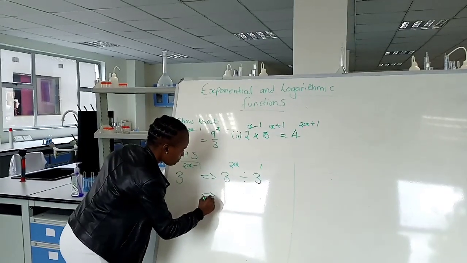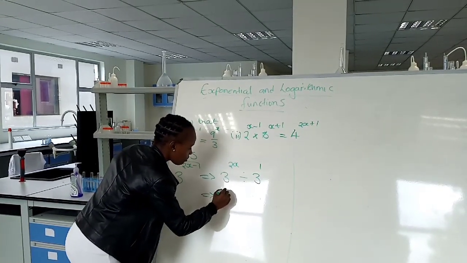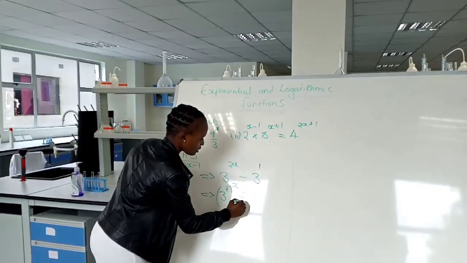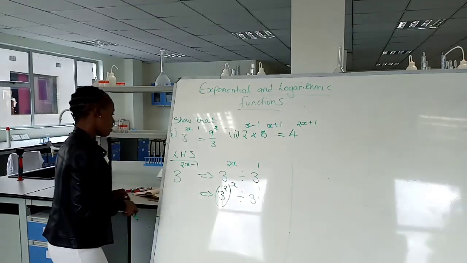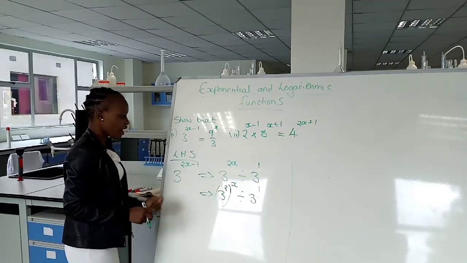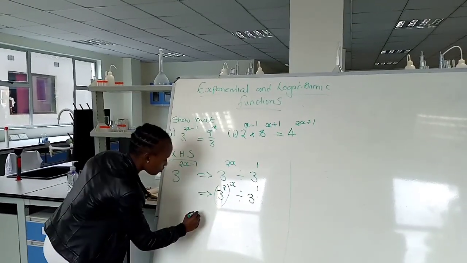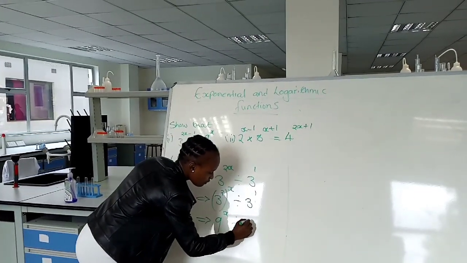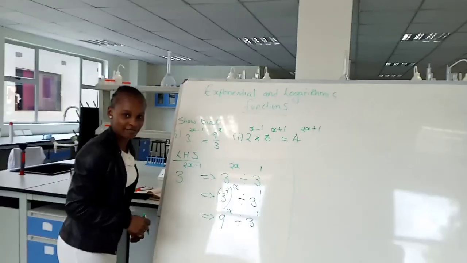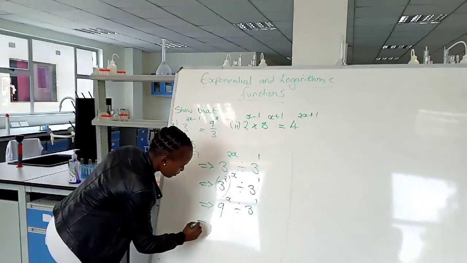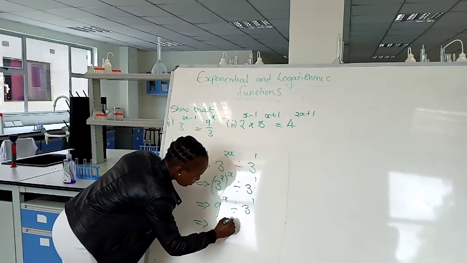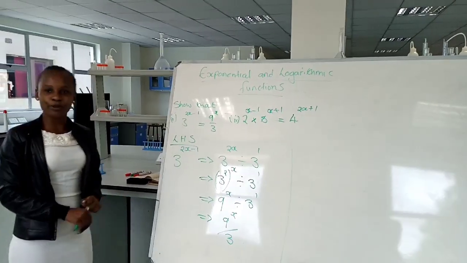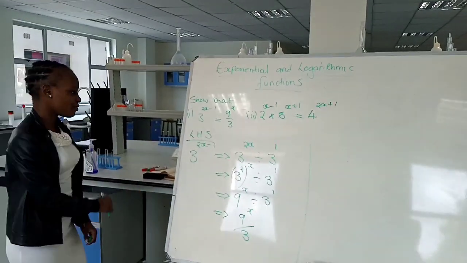So this is 3 raised to the power 2, then outside we have x, then divide by 3 to the power 1. Then 3 raised to the power 2 is going to give us 9 raised to the power x. Then we divide by 3 raised to the power 1. So this is just 9 raised to the power x, then we divide by 3. And we get what we wanted to get, and we're good to go.